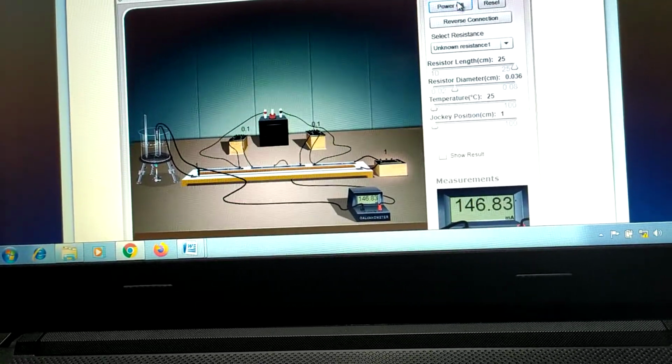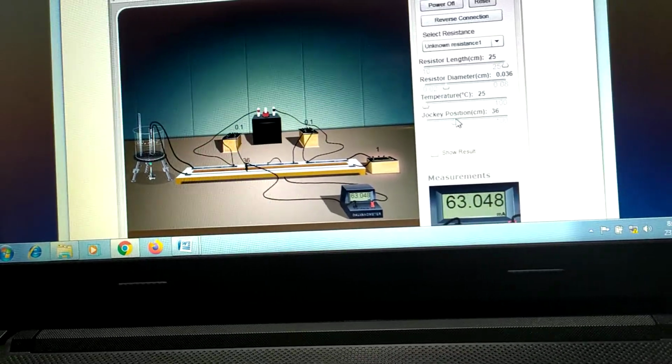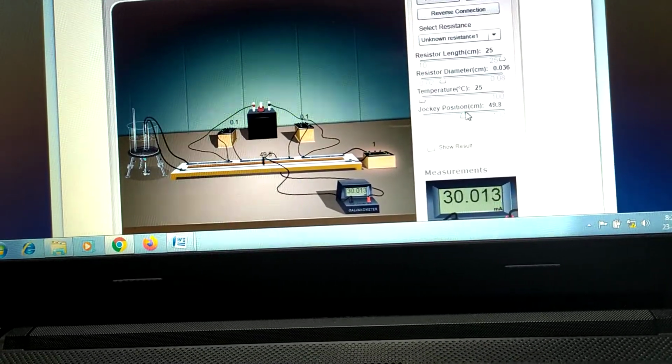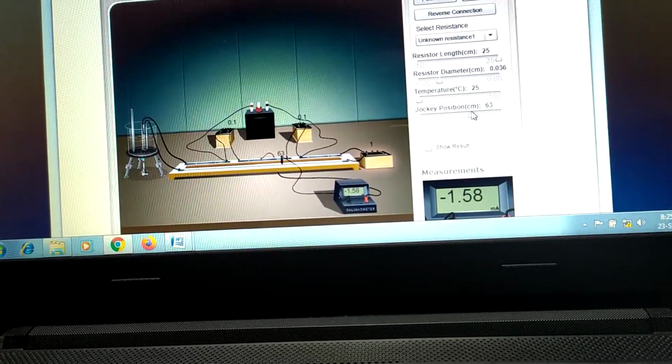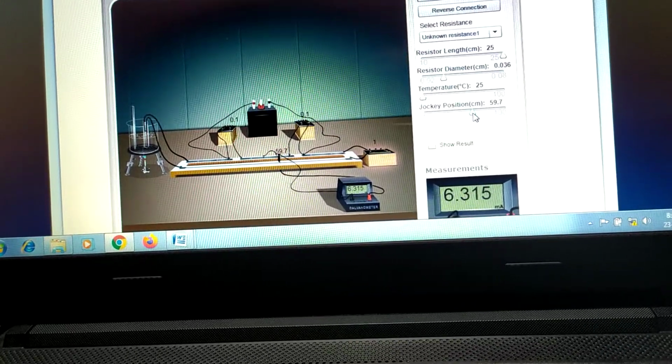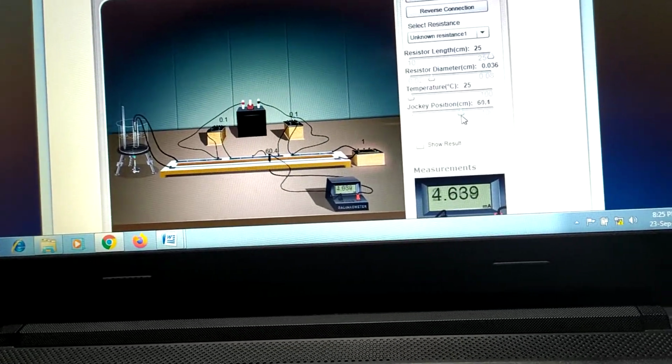Now press power on, then change the jockey position and try to make the galvanometer reading 0, or very close to 0. Okay, I am trying.